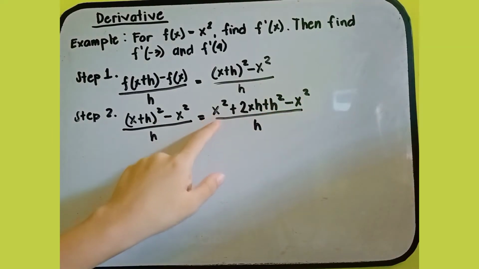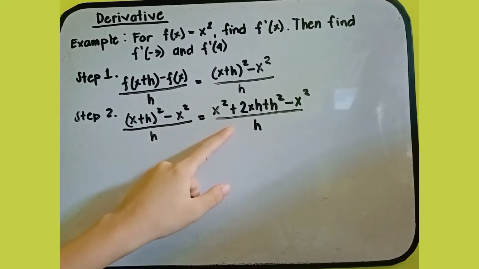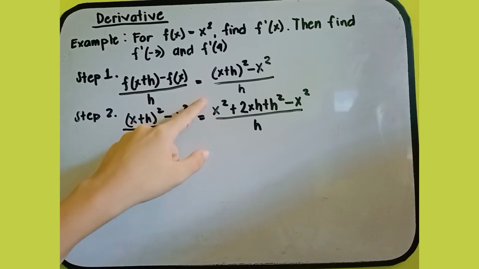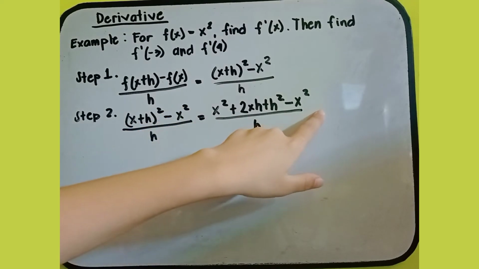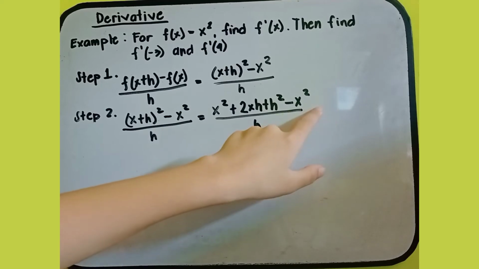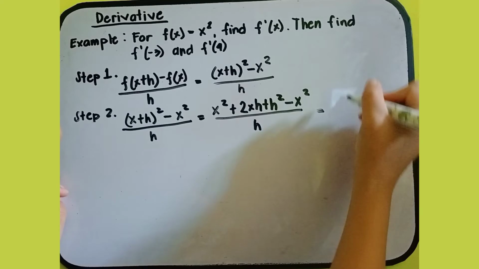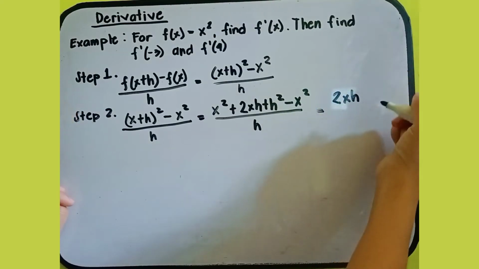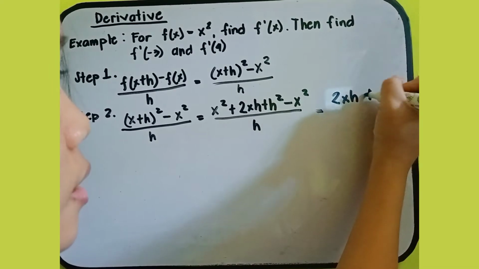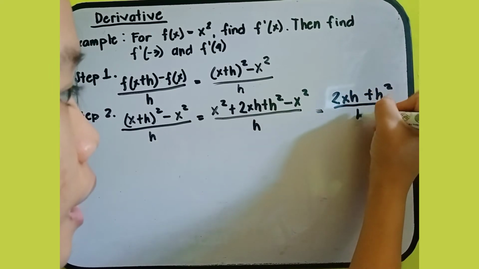After getting this, we now combine the like terms. As we can see, we have a positive x squared and a negative x squared, so it will become 2x multiplied by h plus h squared over h.